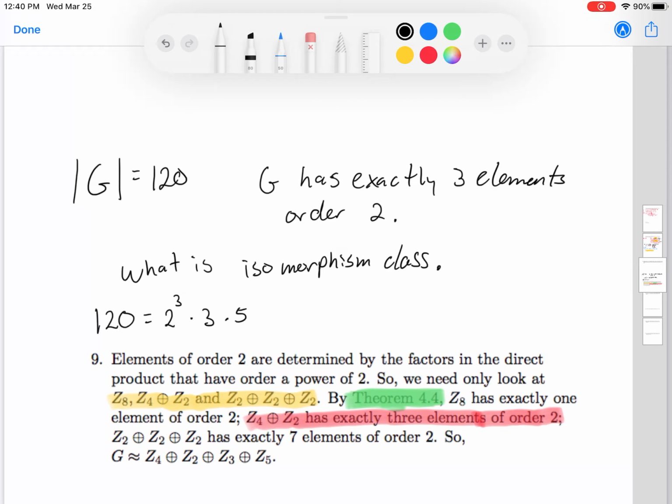So if that's the case, then this would be what G would be equal to: Z4 external direct product Z2, external direct product Z3, external direct product Z5. The things that give us elements of order 2 is this part right here. That's what's giving us our 3 elements of order 2. And then we need the rest of this just so that we're able to get to our group being order 120.